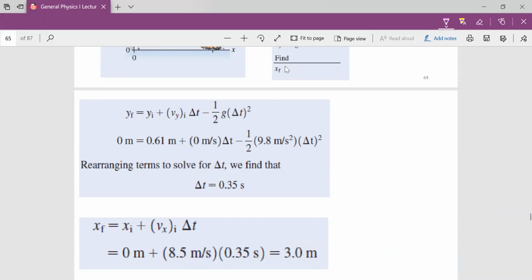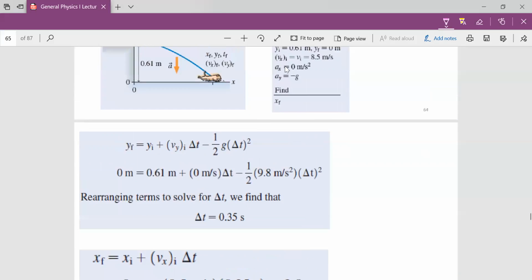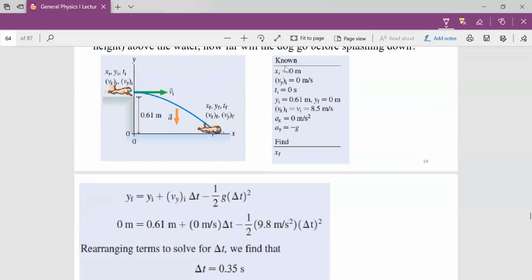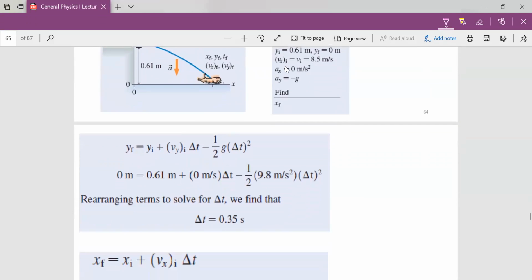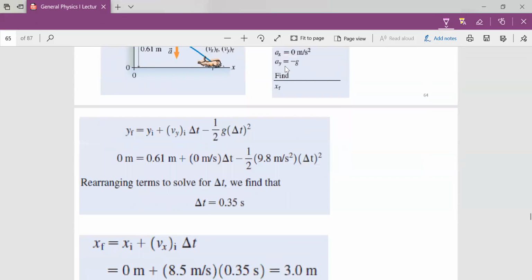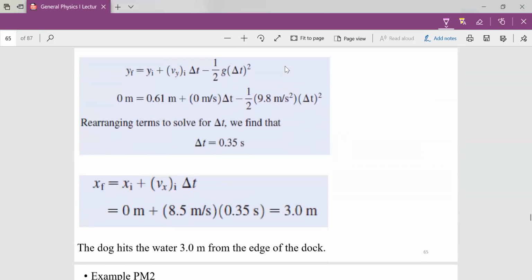Now from the information we have, we see that the initial velocity on the y-axis is 0. If you look at the diagram, the initial velocity on the y-axis is going to be resolved on this line. For this motion, it's going to be 0, because it's exactly straight on the x-axis.